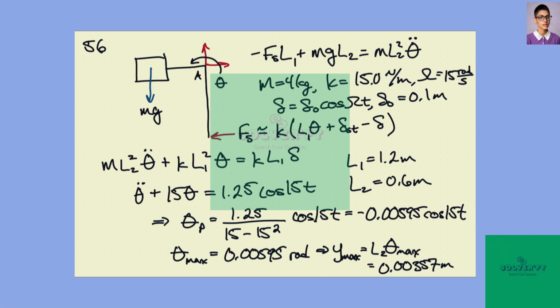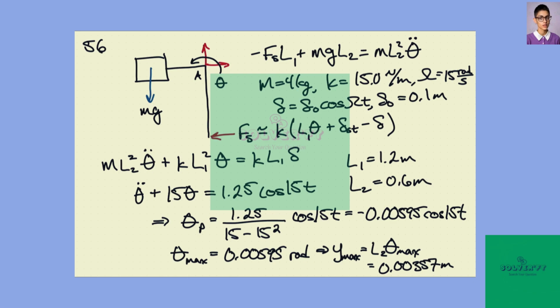We also have some pre-compression in the spring if we're going to measure theta from equilibrium, because this thing has some weight, and before we have any excitation on it, it's going to sag a little bit and pre-compress the spring. So theta is being measured from that equilibrium state. We have this static deflection in our spring, and then on the other end we have some excitation.